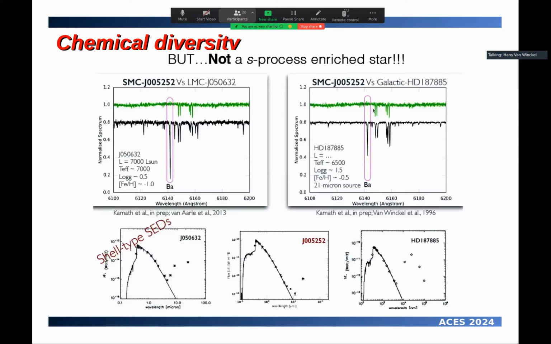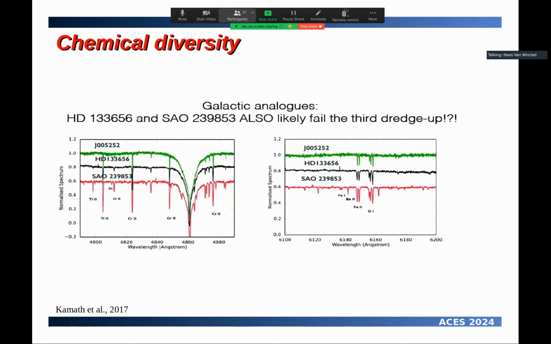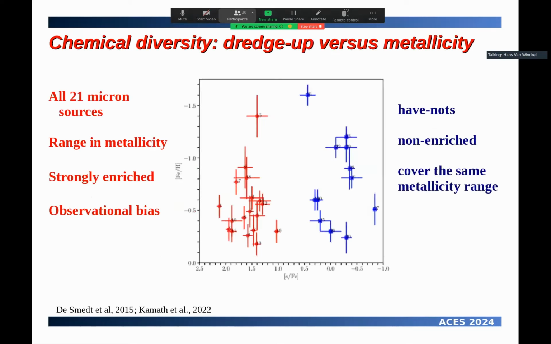You see there is no way you can say this is an observational mistake because we derive abundances, of course, but the spectrum is completely devoid of S-process lines. Similar objects exist in the galaxy. So if you add everything together, we have quite a few objects in which we think they are not affected by another mechanism, but they avoided the third dredge-up.